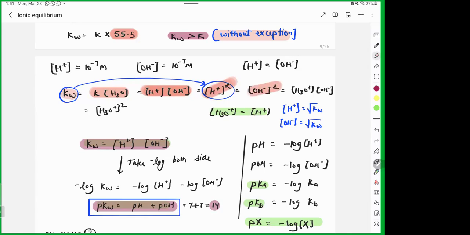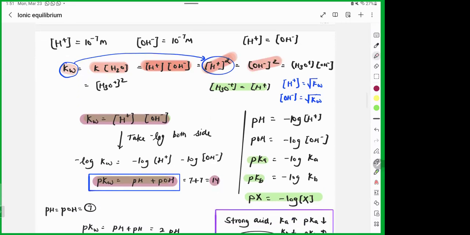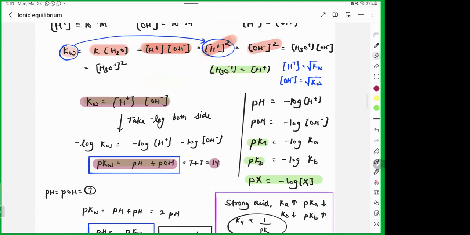Correct? For water only. Both are the same. If you take minus log on both sides, minus log of Kw will become pKw, minus log of H positive will become pH, and minus log of OH negative will become pOH. And I just wrote pH plus pOH is equal to 14 for buffer solution.